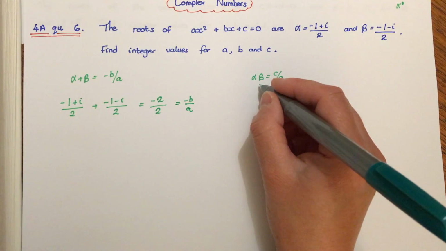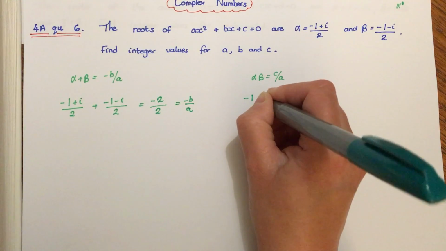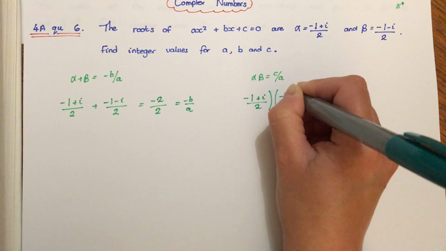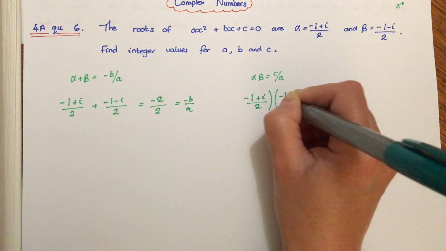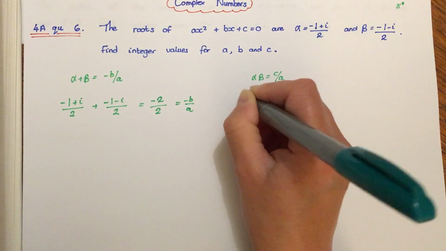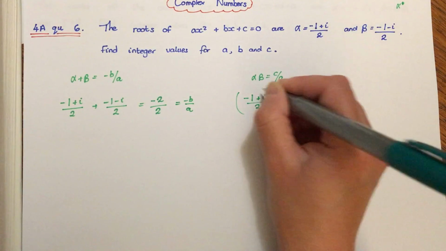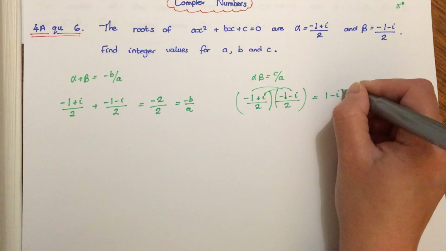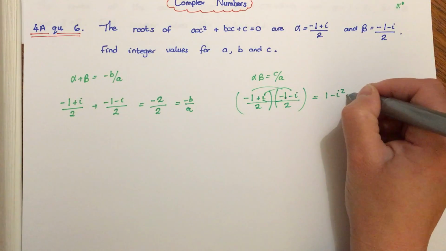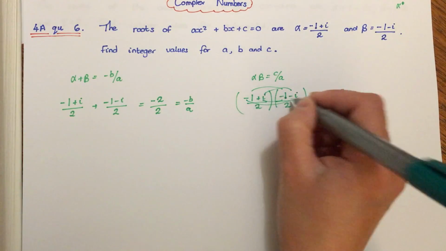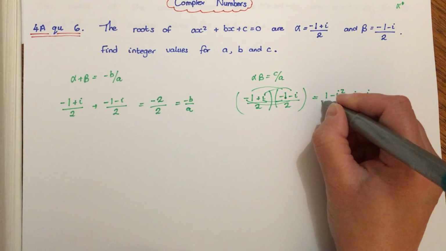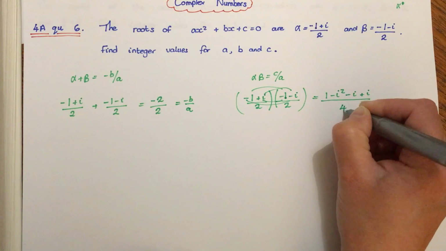Here, alpha beta would be negative 1 plus i over 2 times negative 1 minus i over 2. So minus 1 times minus 1 is 1. Minus i squared, minus i plus i, and we know that they always cancel out in conjugates anyway, over 4.